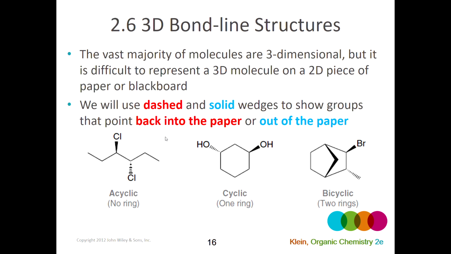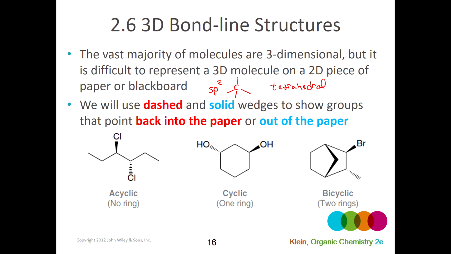Alright, so it's also important to start getting used to looking at bond line structures in 3 dimensions. So we talked about how carbon, if it has an sp3 hybridization due to having 4 single bonds, 4 sigma bonds, is going to create a tetrahedral geometry.